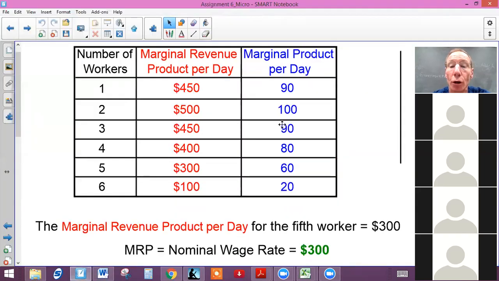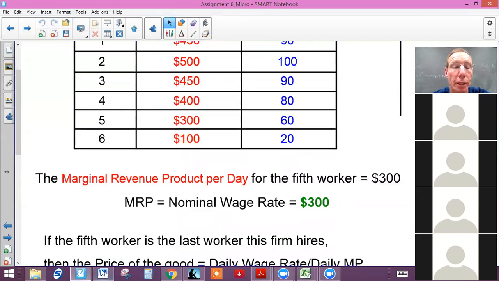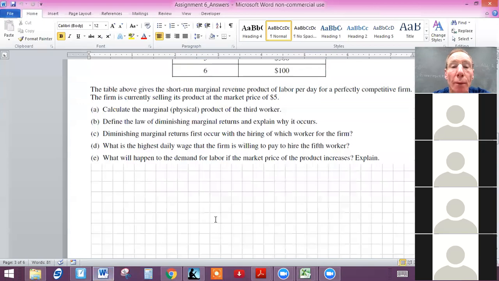So for the 3rd worker, it's 90. Let me just keep going here and see why 5th worker. Oh yeah, here it is. Okay, so we're going to get to the 5th worker, so that's why that's in there.